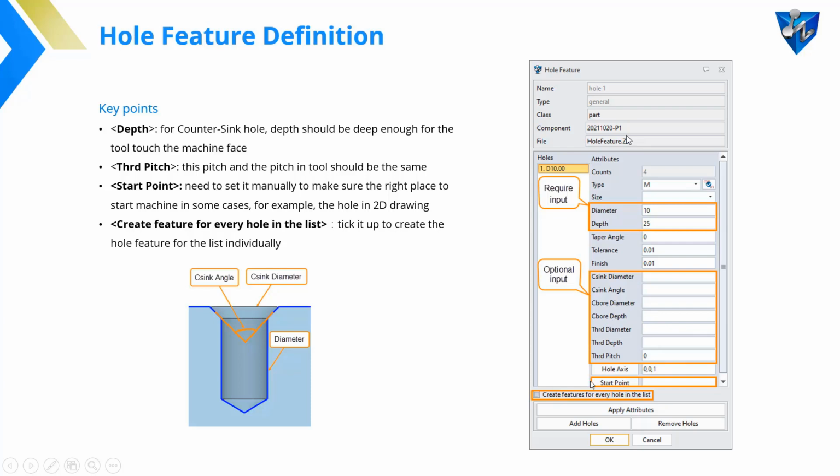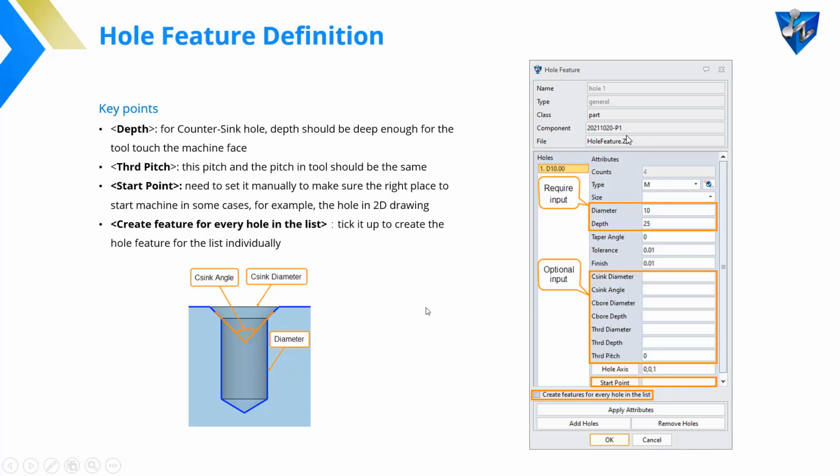And we can make some modification on the start point. For example, we can define the hole start point for the 2D joint. Okay, and here we can tick this to create features for every hole in this list.